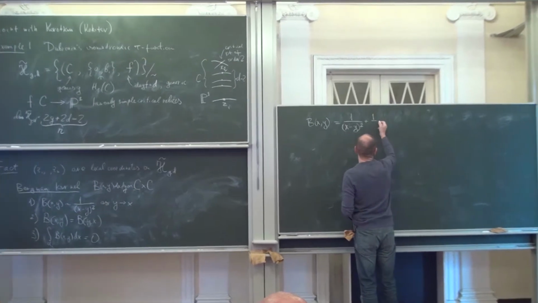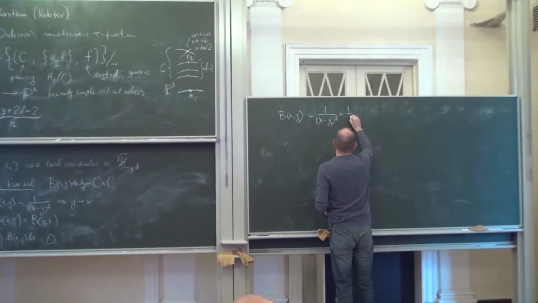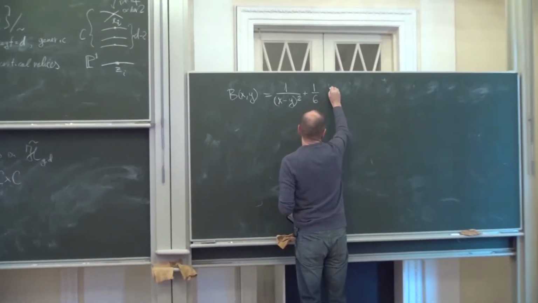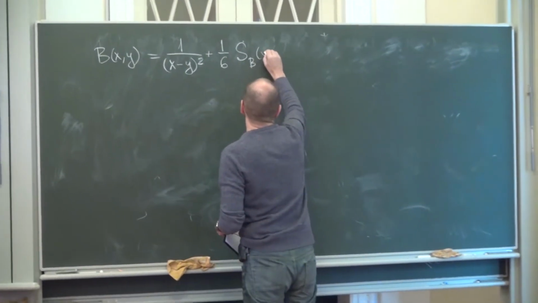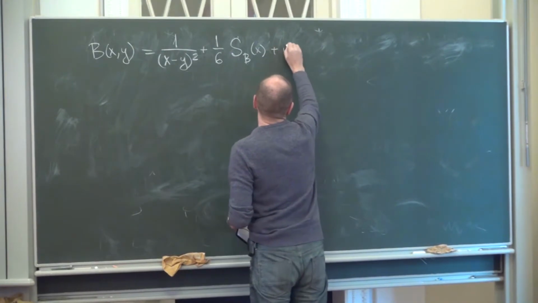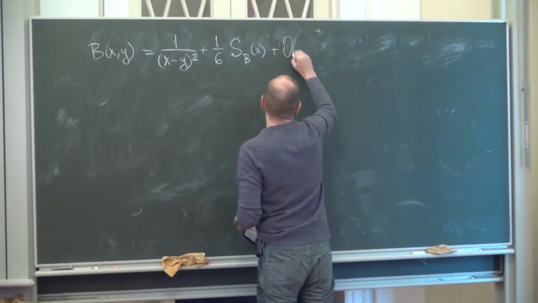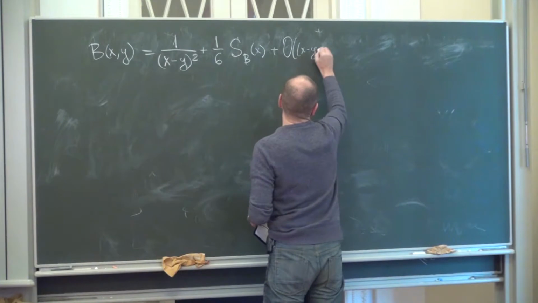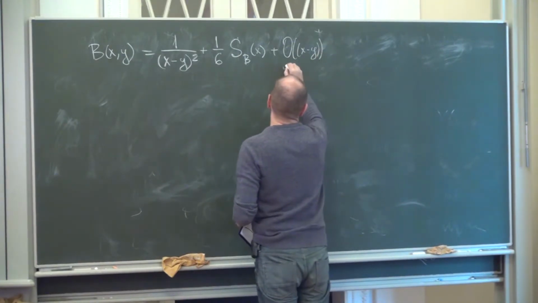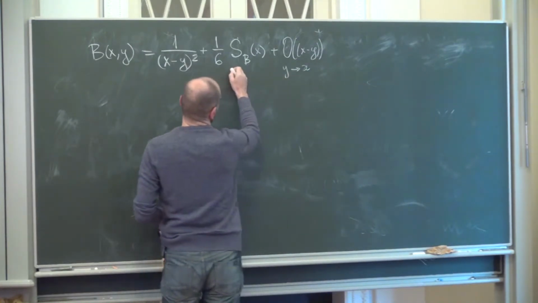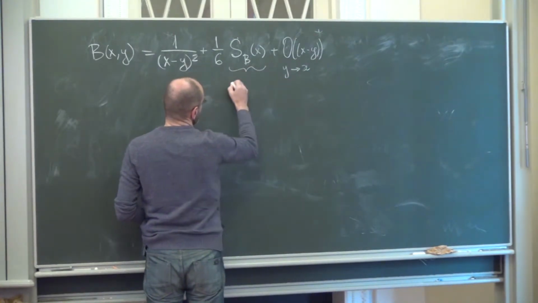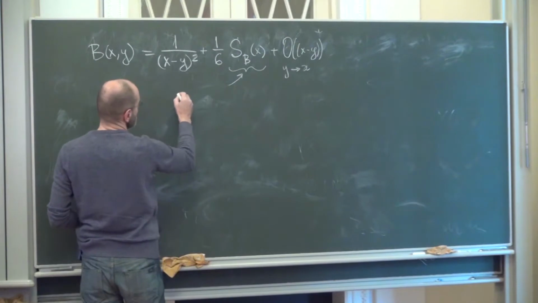Let me write it in the form 1 over 6 times S_B(x) plus something of order (x minus y) as y tends to x. So here S_B(x) is the so-called projective connection on C.